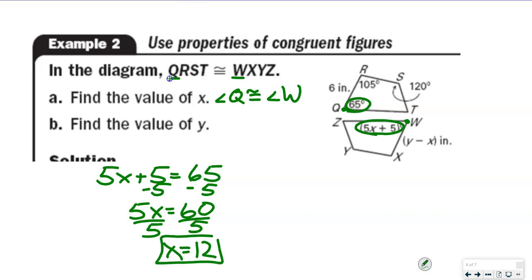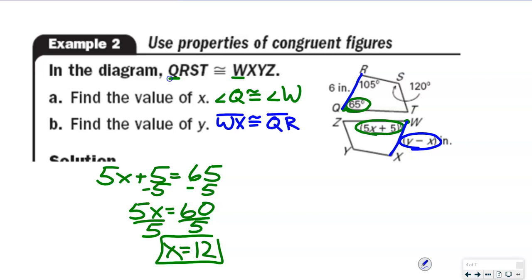Then we also need to solve for y. So if I find my y, the only spot I have a y is this side over here, WX. So I need to identify what corresponds with side WX. Well, we know Q and W correspond with one another, so I need to start with Q, and it would go up to R in this case.